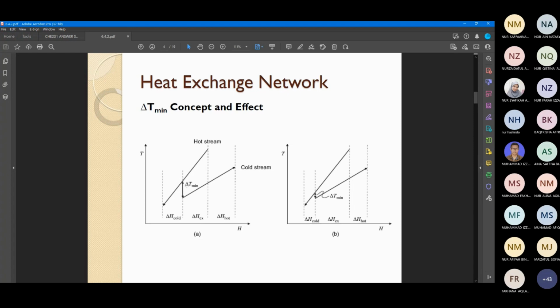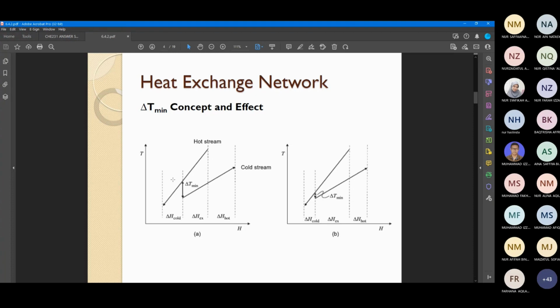If I can show you here, for the hot stream, this is the hot stream. The pinch temperature should be at this point. If you draw a horizontal line here, that will be the pinch temperature of the hot stream.